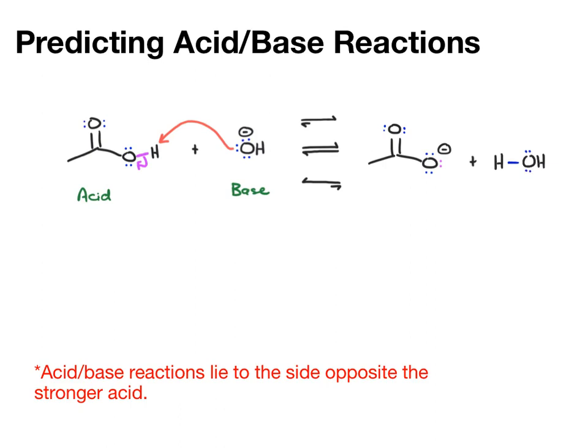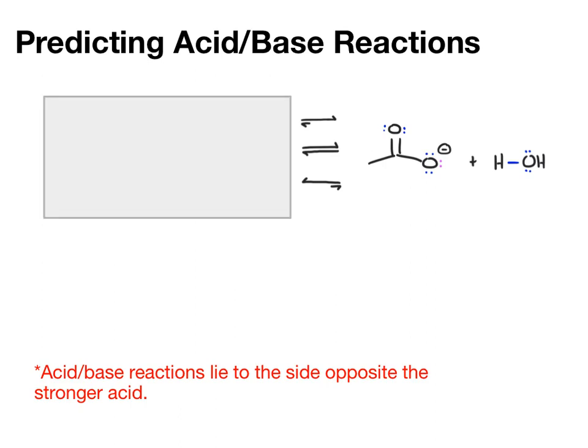Now we want to figure out what's our conjugate acid, what's our conjugate base. What I recommend doing is just cover up the left side of your equation for a second. Now just look at the 2 structures on the right as a new acid-base reaction problem. So if you were given these 2 things and asked to classify the acid and the base, I think you could probably do that pretty easily.